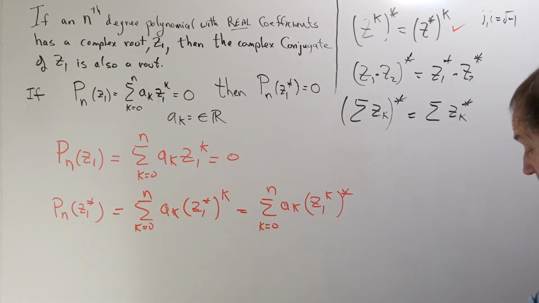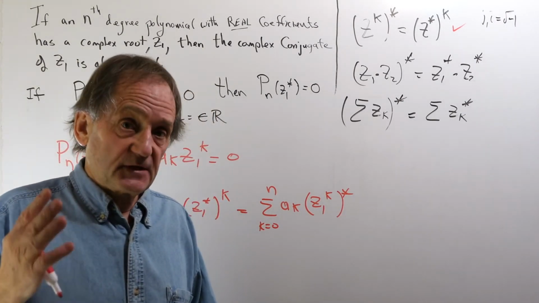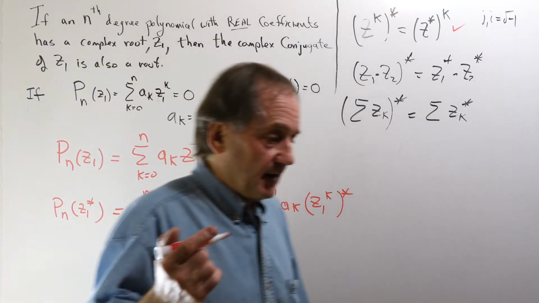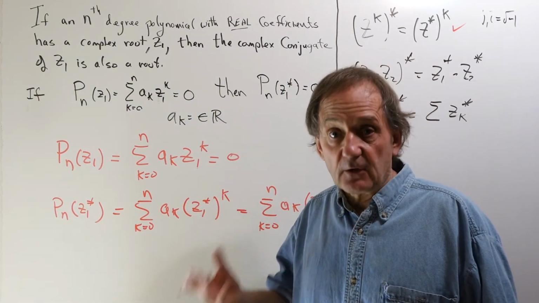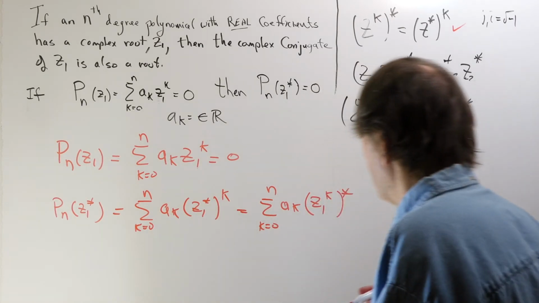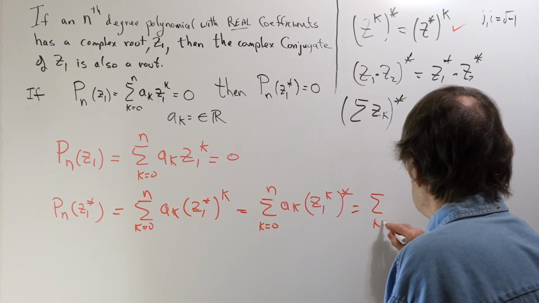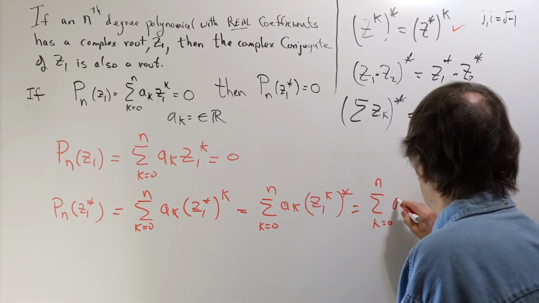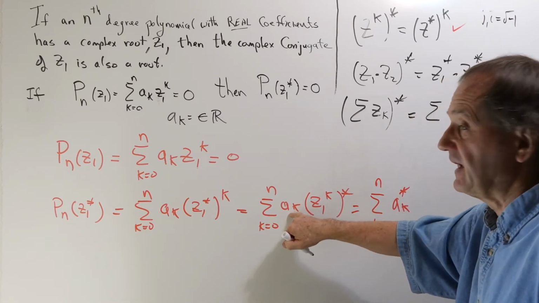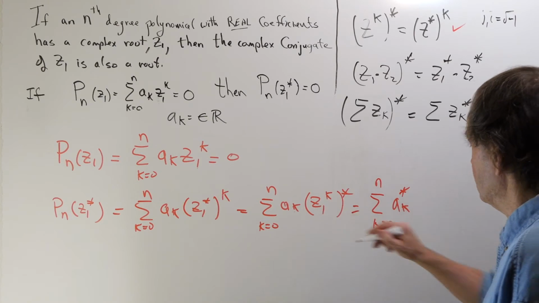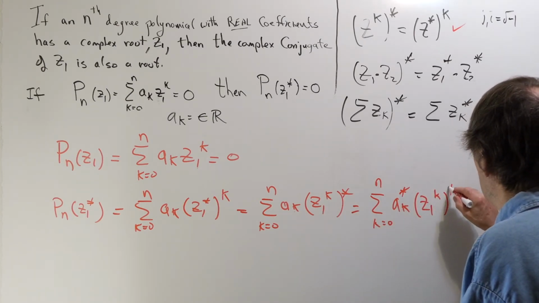Now the key point here is that a real number is its own conjugate. As I stated before, if you have any real number, it is also its own conjugate because there are no imaginary parts. So I can write this as sum k equals 0 to n of ak conjugate. The ak's are real, so ak and ak conjugate are identically equal. That's the key point to this proof.